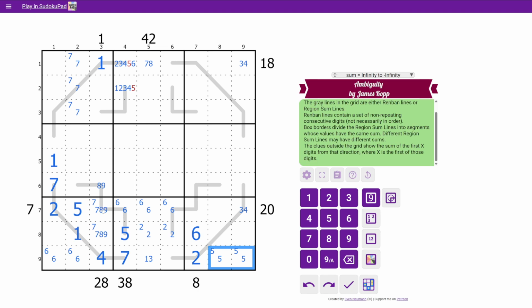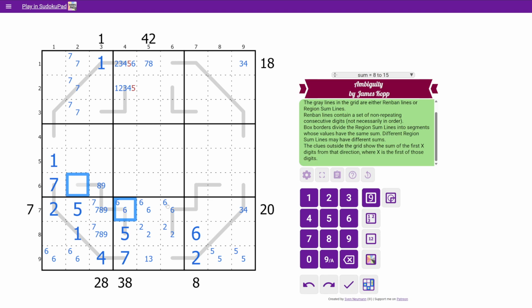So this is going to require a 6. 6 goes there or there only. Oh wait, can it be 3? No, it could be 4, 5, 6, 7, 8, couldn't it?